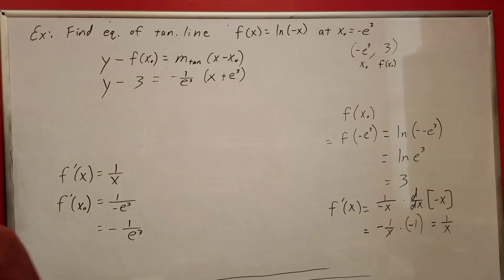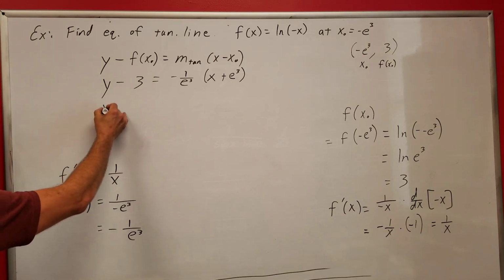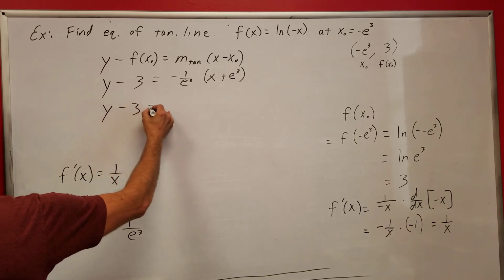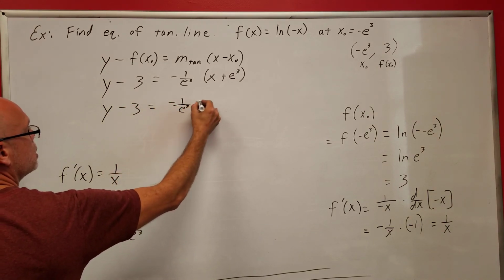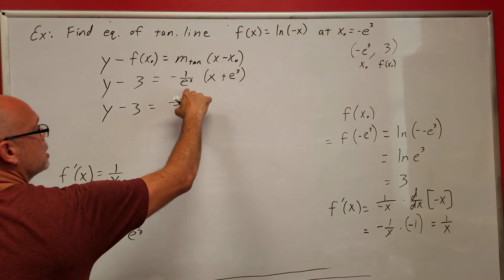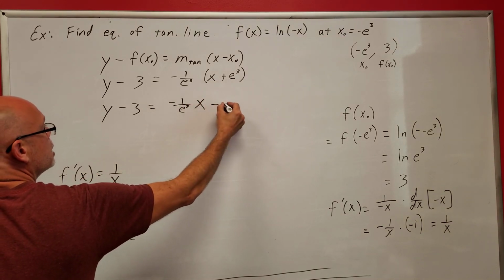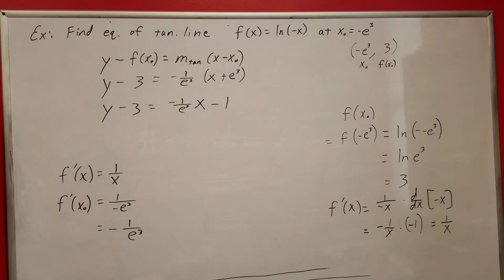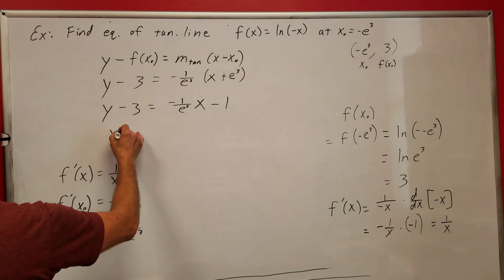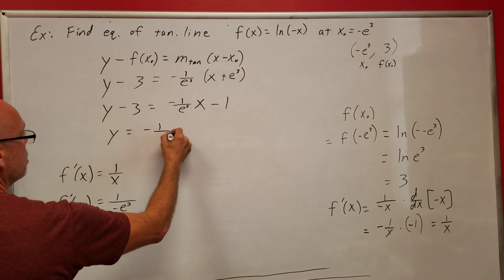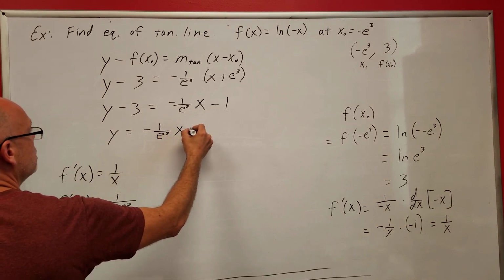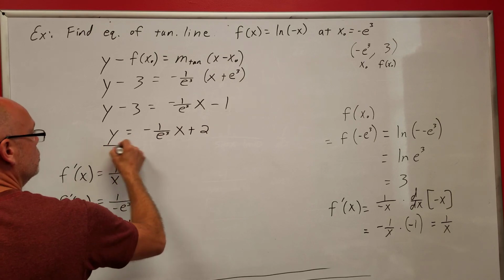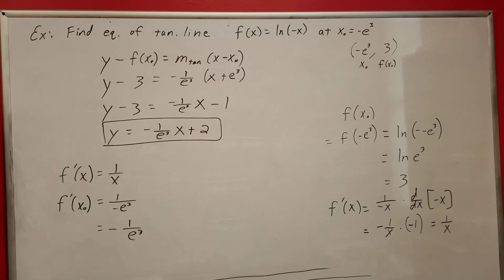Well, let's clean that up. So we have y minus 3 is equal to negative 1 over e cubed times this x. And if I distribute it here, what do I get? Minus 1. And if I solve for y, I get y is equal to negative 1 over e cubed times x plus 2. There we go.